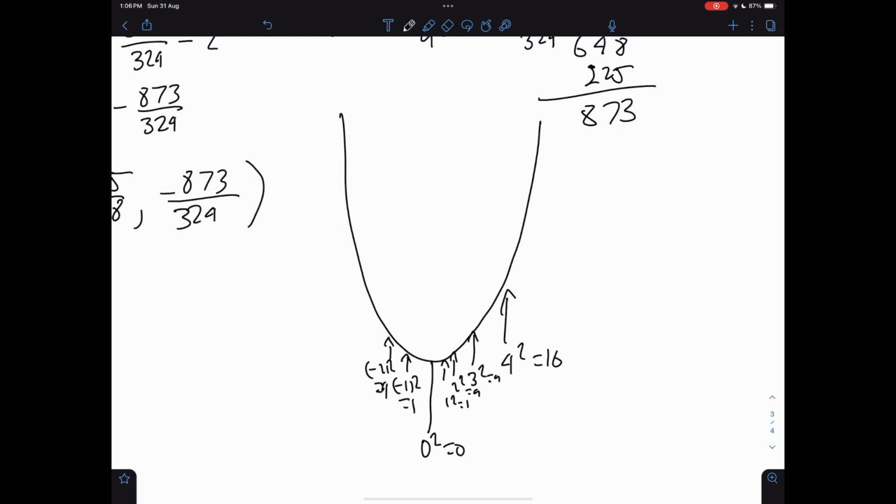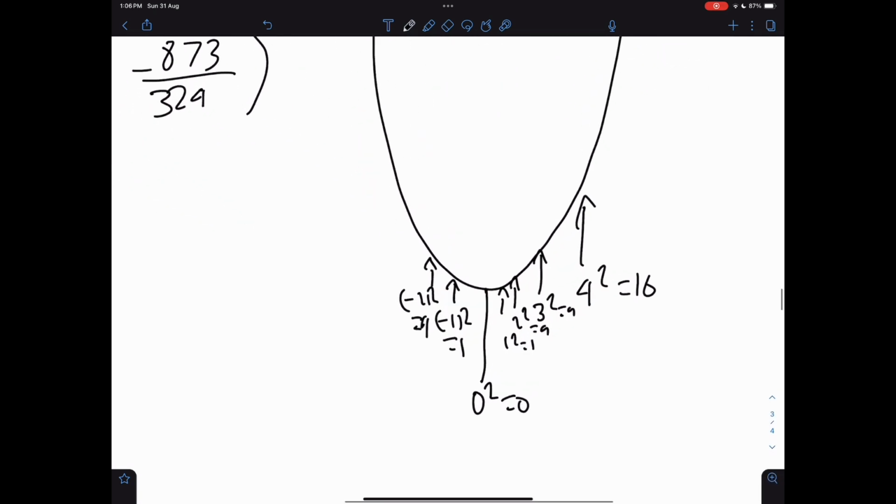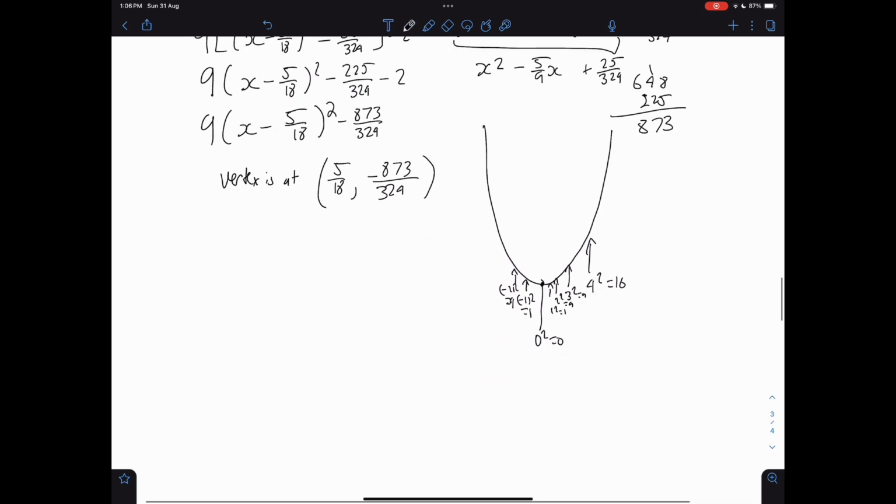It starts going back up again. So pretty much we know that when you've got that lowest point there, it's your minimum point. It's a turning point. It can't get bigger or smaller.